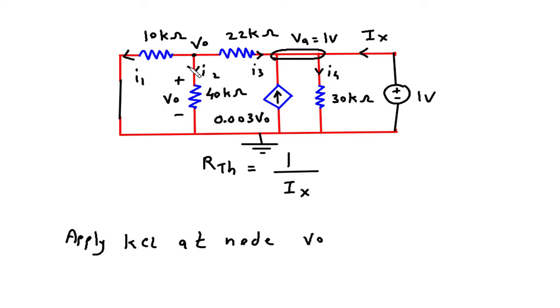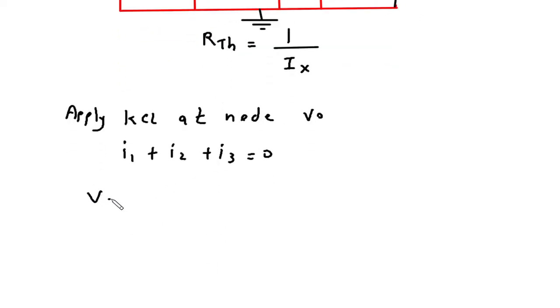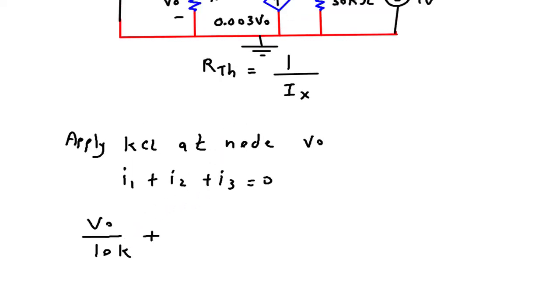So all the currents are leaving. So I1 plus I2 plus I3 is equal to 0. Now this I1 is equal to VO minus 0 by 10 kilo ohm, so VO by 10k plus I2.